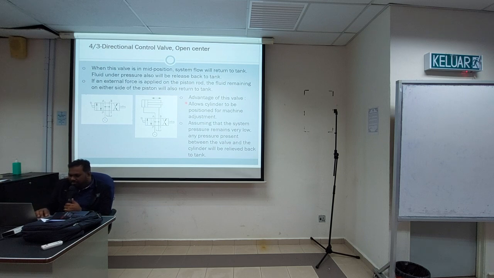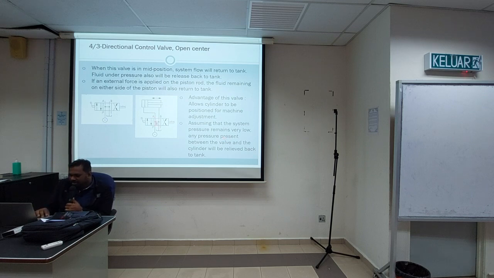Okay, then we have a open centered. So open centered dia ada advantage, open center, they are all connected. Allow cylinder to be positioned for machine adjustment, assuming the system pressure. So advantage of open center always will be connected adalah pressure akan low. Because you tak ada tenaga keupayaan dan so the potential energy will be lesser.